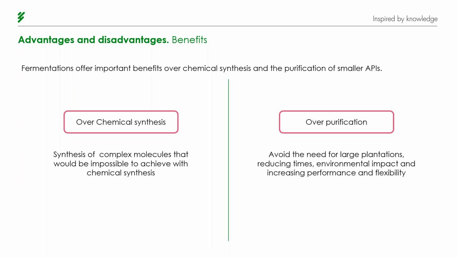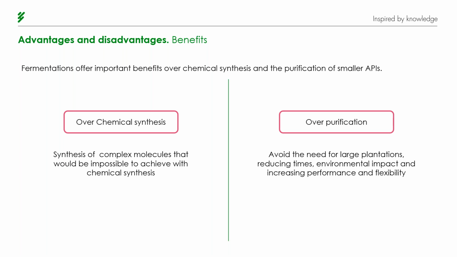Thanks to fermentation, we can obtain molecules that would be too difficult to produce with chemical synthesis. And we can use the fermentation to produce APIs that would be completely inaccessible or unprofitable with the chemical pathway.